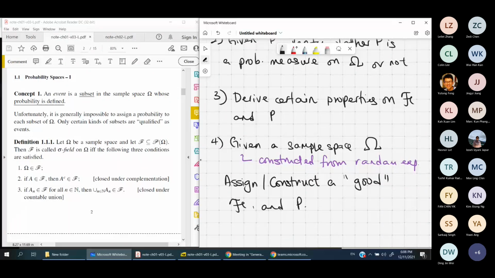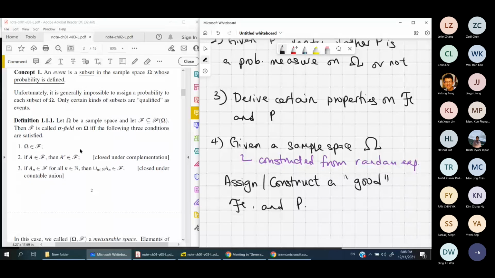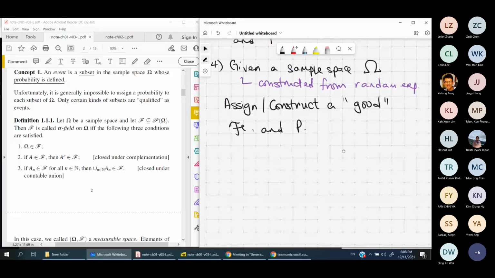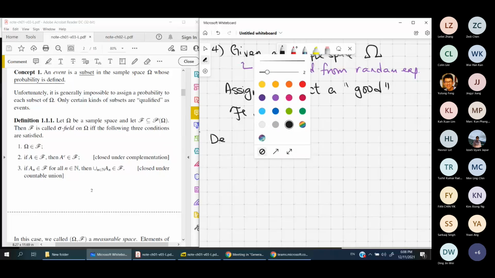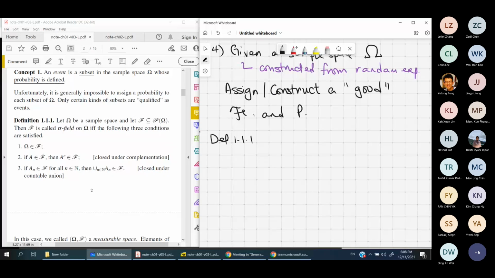So let's go to all these things one by one. First of all, this will be just a very quick revision. I think it will be better if I write it out here. First you need to look at the definition 1.1.1. Supposing we have a power set of omega, and F is a subclass of this, which means the elements of F are subsets of omega.